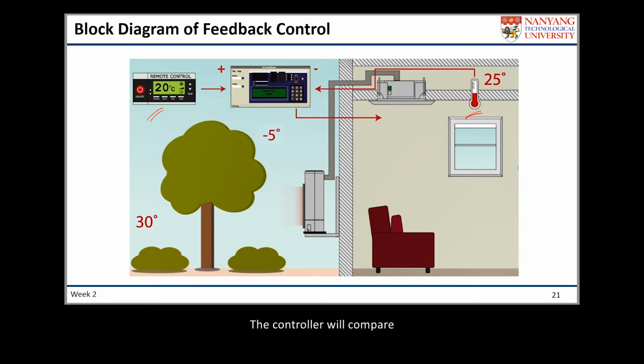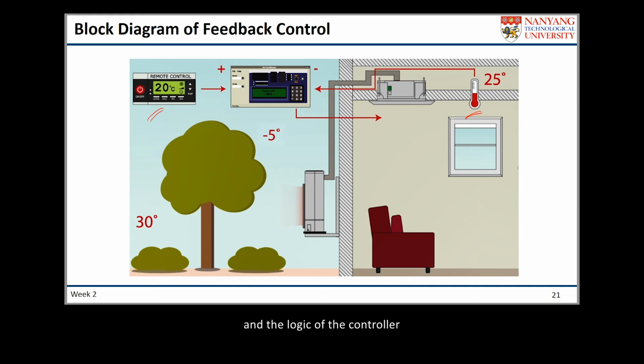The controller will compare these two values, 20 and 25. For instance, the actual temperature in your room for the time being is 25, so the actual temperature is still higher than the setting temperature. The controller will compare these two values. It will subtract them, so 20 minus 25, you will have minus 5.